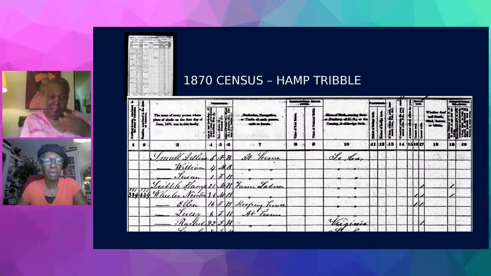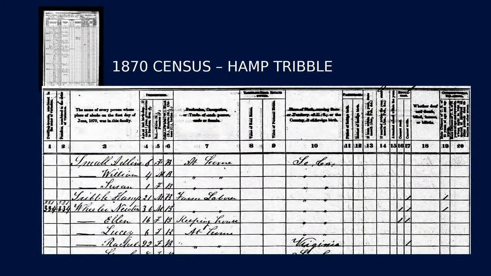So we always say you've got to get back to 1870. So tell us about Hampton in 1870. So in 1870, I did not have that until recently because he was not in the original census as Hamp. Under Ancestry he was actually Harry's Tribble.